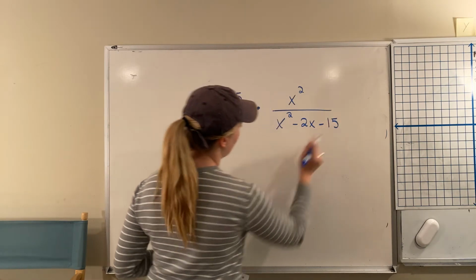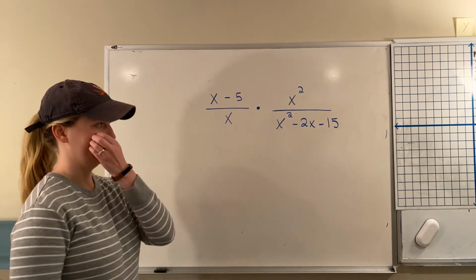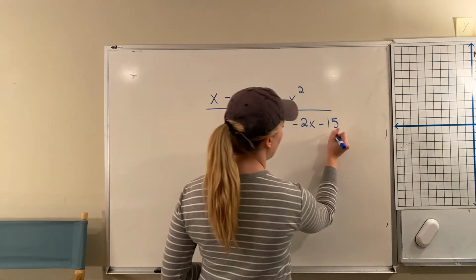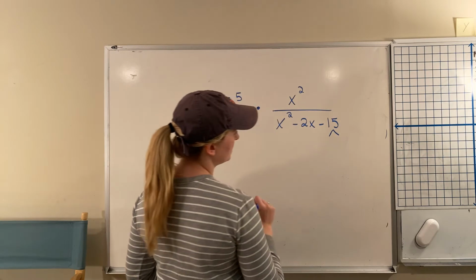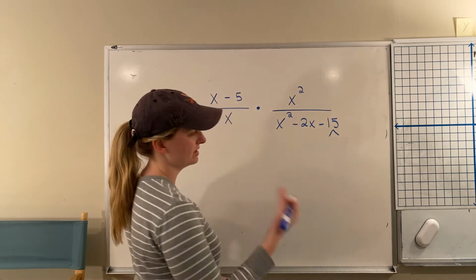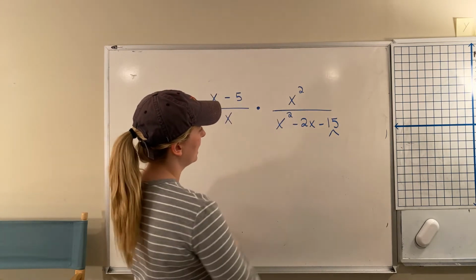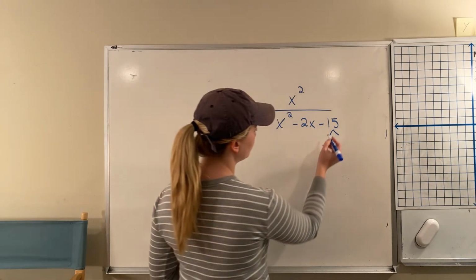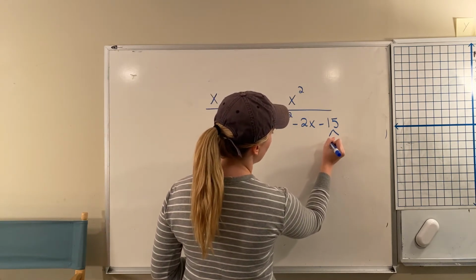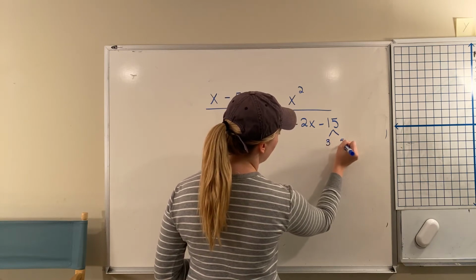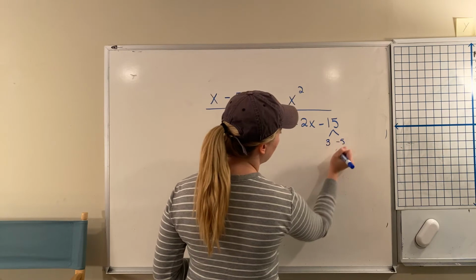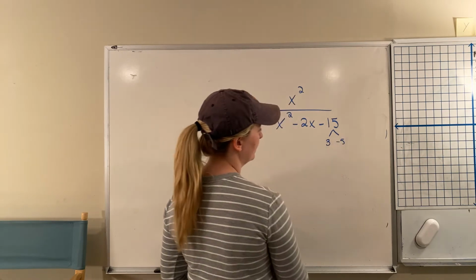So step 1 is you have to factor your polynomials to see if you have any GCFs that you can cancel out. So looking at 15, 15 is negative, so it's a positive times a negative number, and 2 is negative, so my bigger number is going to be negative. So if I take the numbers 3 and 5, 3 times 5 is 15, but negative 5 plus 3 is negative 2.